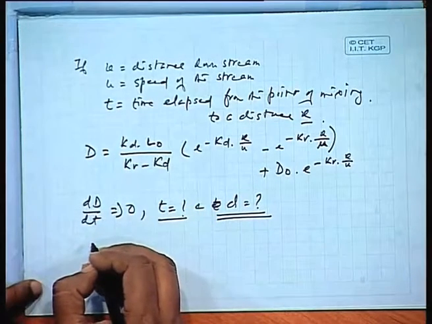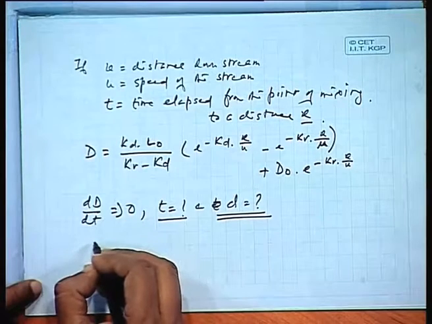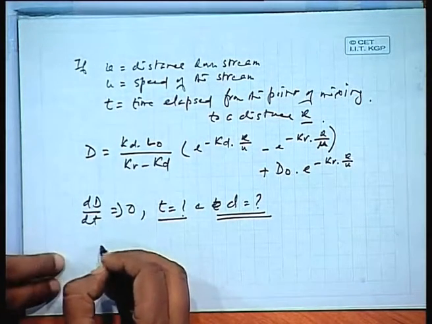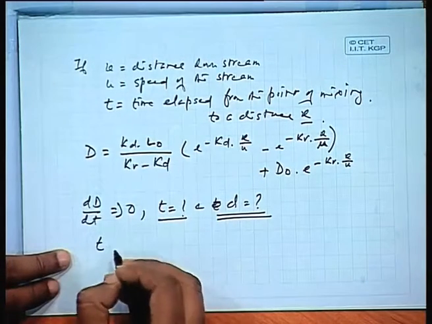In such cases, a simple solution is basically T critical.